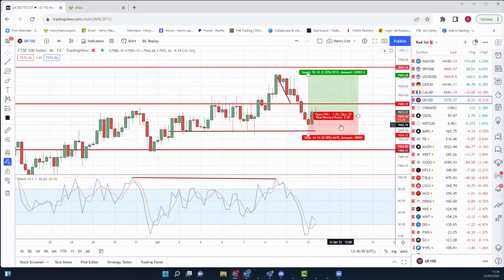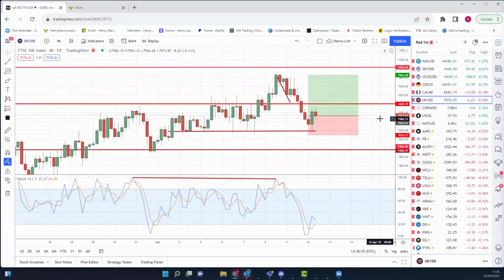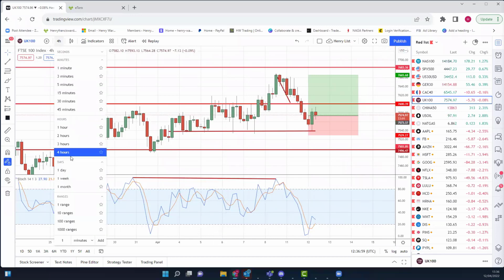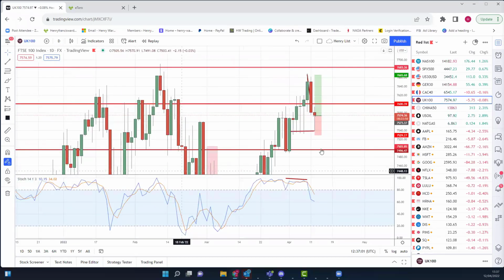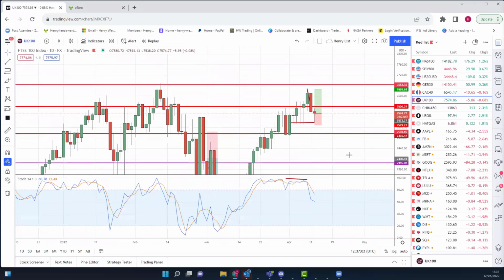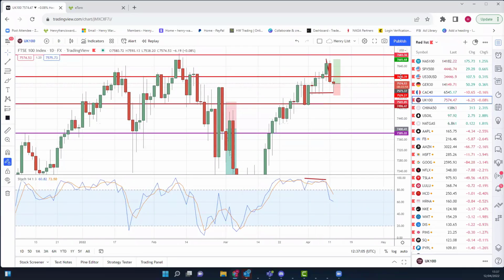Is that trade valid? 0.6%, 1.2, 2 to 1. We look at the daily chart before we look at any of those. What phase is the daily in? Phase 1 or phase 2?